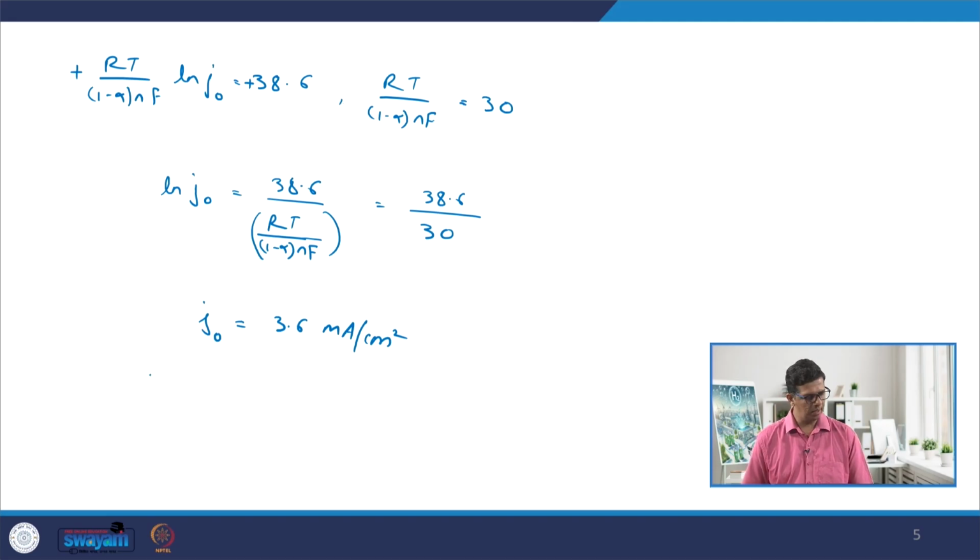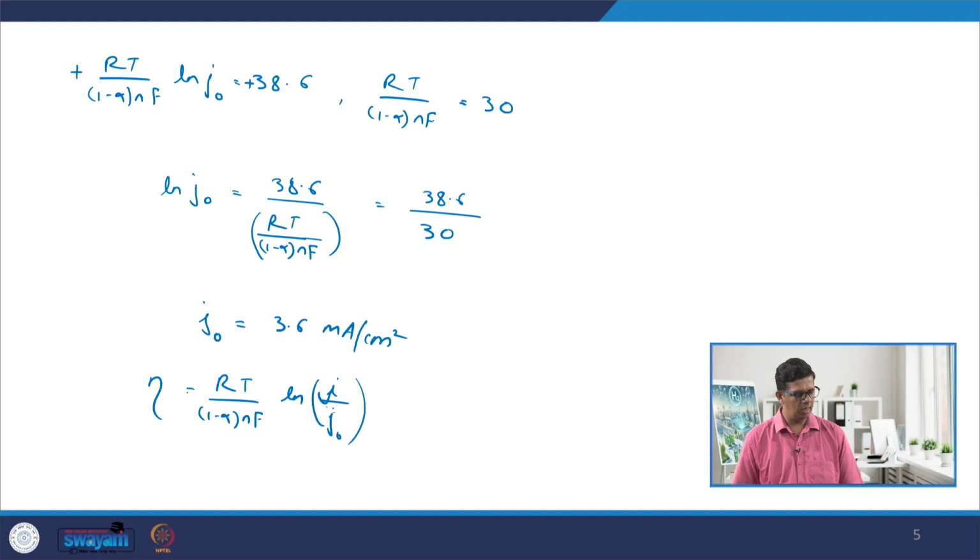So, let us go ahead and find out eta, which is given by RT by (1 minus alpha) nF ln of j by j naught. We can either write I by I naught or j by j naught because the area gets cancelled. So, this has been given as 30 from the equation of the line. This is ln j, j is what we have to find out, and this is 3.6.